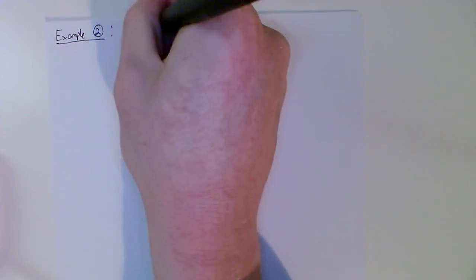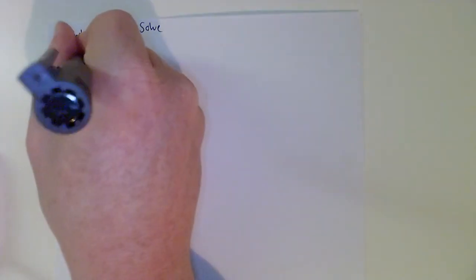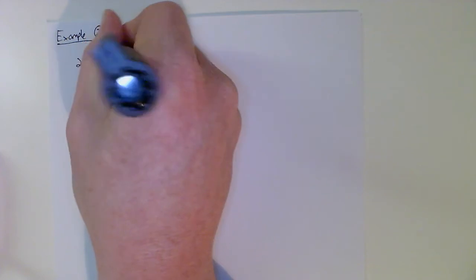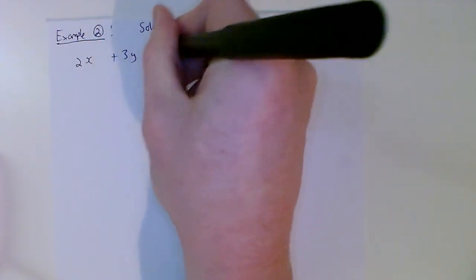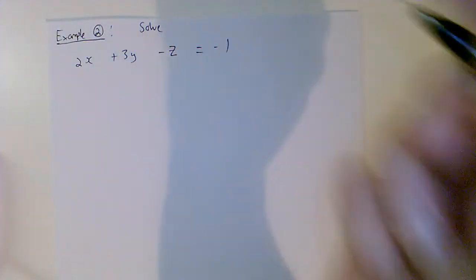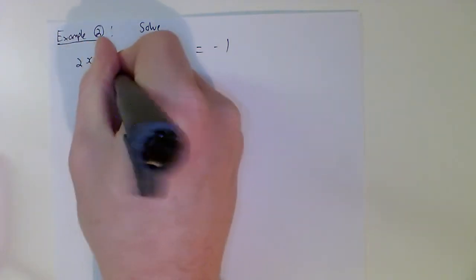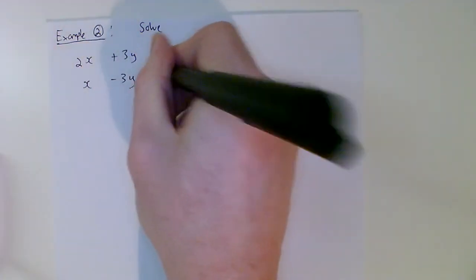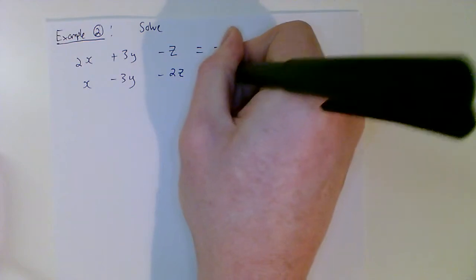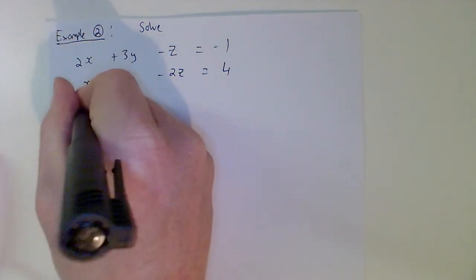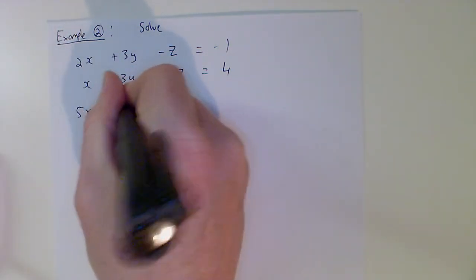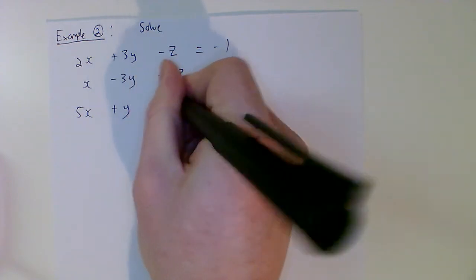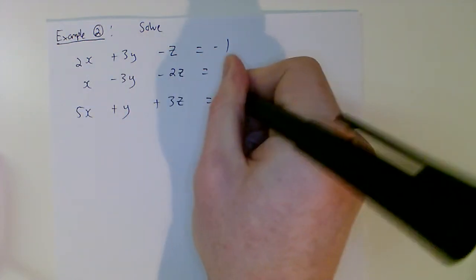Right, so example 2, so solve 2x plus 3y take away z equals -1, x take away 3y take away 2z equals 4, and 5x plus y plus 3z equals 4.